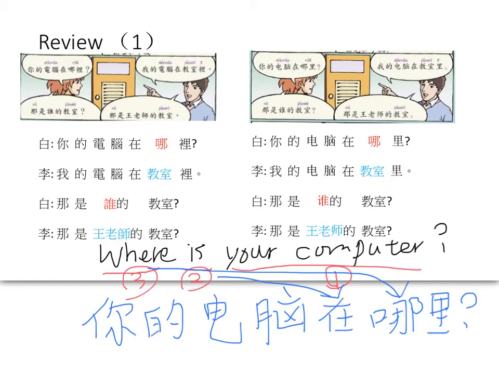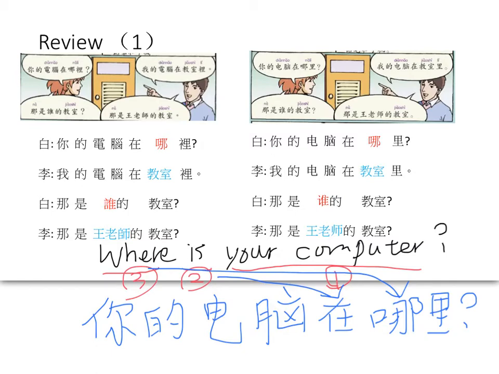You can pretty much see the same pattern in the second part of the dialogue. 那是谁的教室? Whose classroom is that? So in Mandarin, you want to say 那是 that is 谁的 whose 教室 classroom to ask the question.